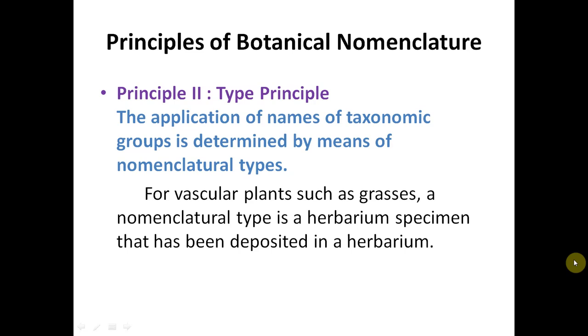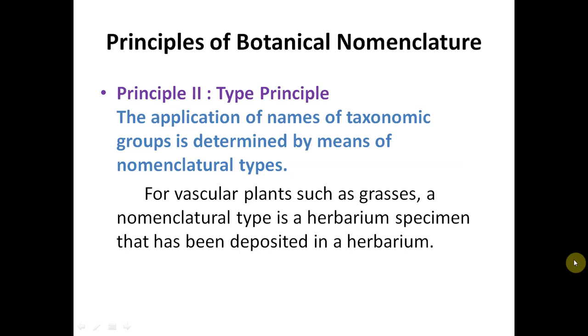For vascular plants such as grasses, a nomenclature type is a herbarium specimen that has been deposited in a herbarium. So what is a nomenclature type? That is the herbarium specimen which is specified by the author. It should be deposited in a herbarium.